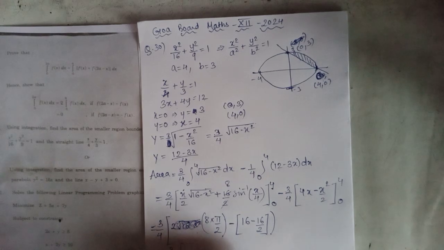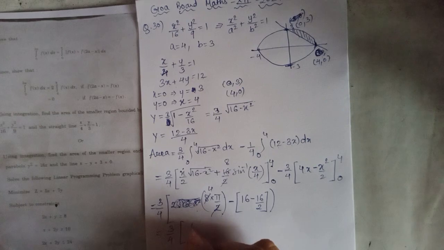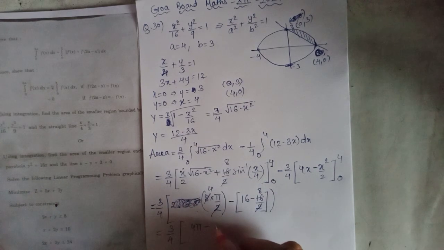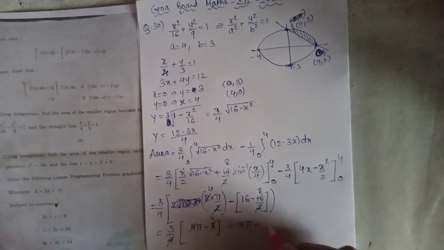3 by 4, 4 pi, 16 minus 8 is 8, 8. So if I take this 4, this will be 3 pi minus 12.